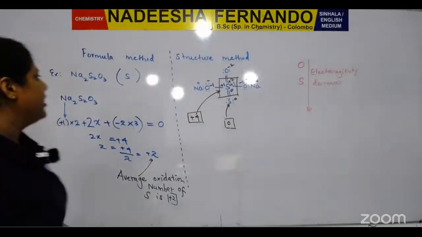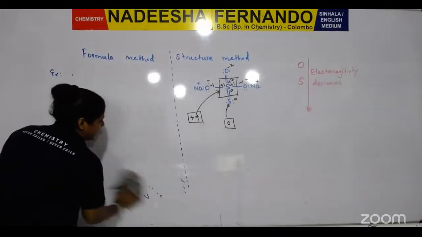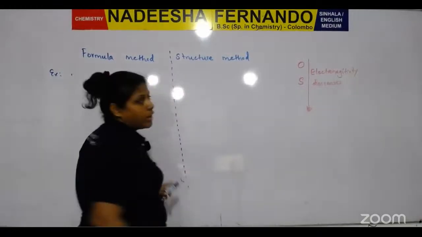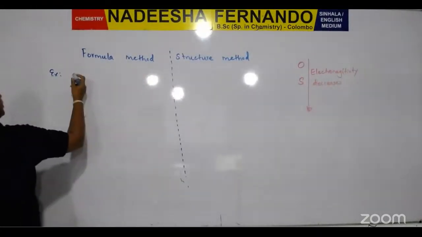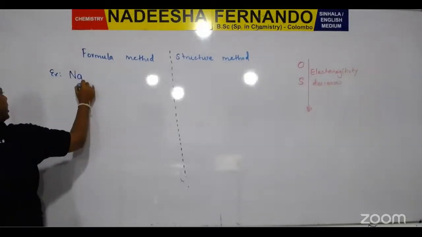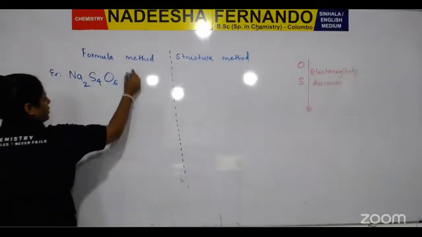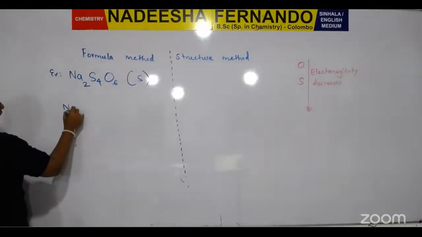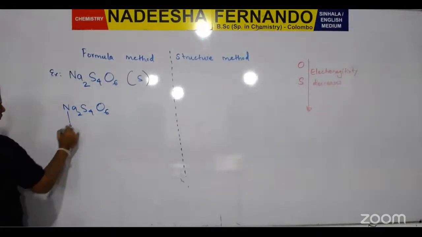Done. Right. Then I take the second example, that is sodium tetrathionate, Na2S4O6.